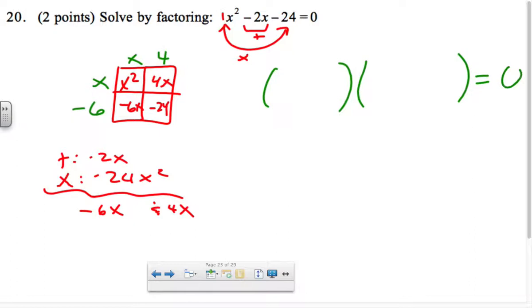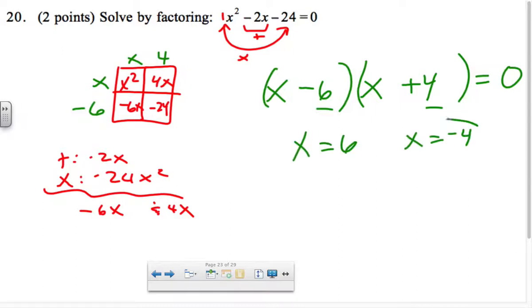Now if you had wanted to use the shortcut method here, since the leading coefficient is 1, you can just put x and x here, and then the two numbers you put in the other two spots have to multiply to negative 24 and add to negative 2. So you'd come up with those, and when you solve, you get 6 for the first one and negative 4 for the second one. Don't forget to finish that problem and solve it.